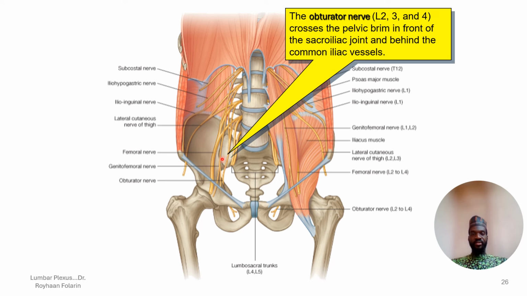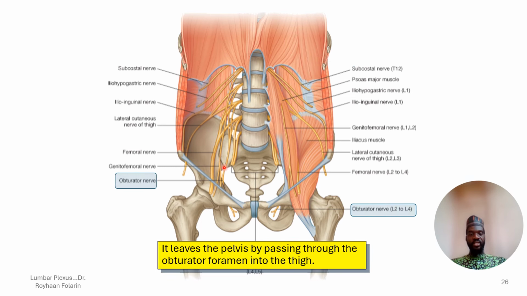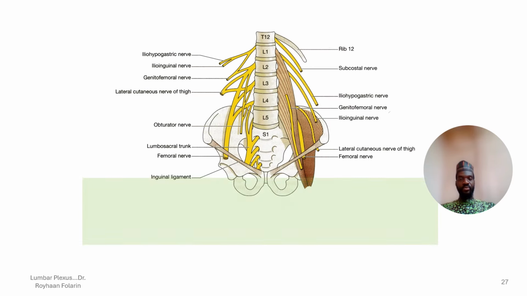It crosses the pelvic brim in front of the sacroiliac joint, behind the common iliac vessels, and leaves the pelvis by passing through the obturator foramen into the thigh, where it supplies the abductor muscles.